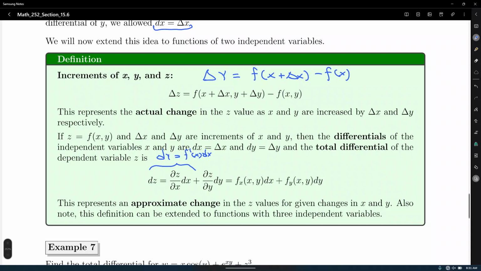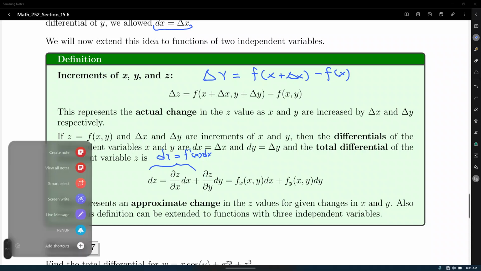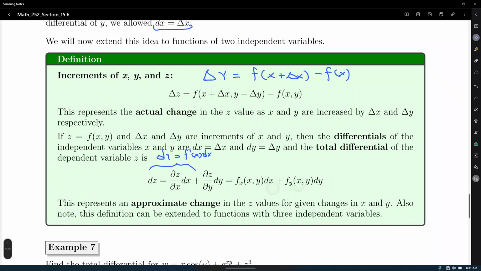However, we will no longer formulate this like this. Now we're going to look at the change of the dependent variable z when we change both variables x and y simultaneously. And in this case, what do we need? Partial derivatives, to see the change with respect to x and the change with respect to y.